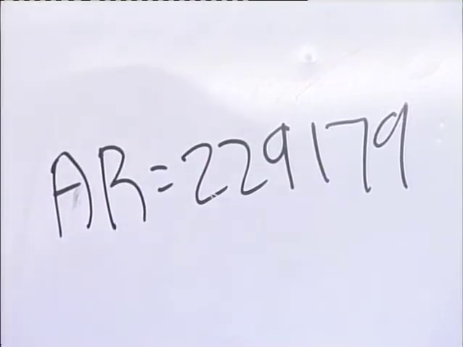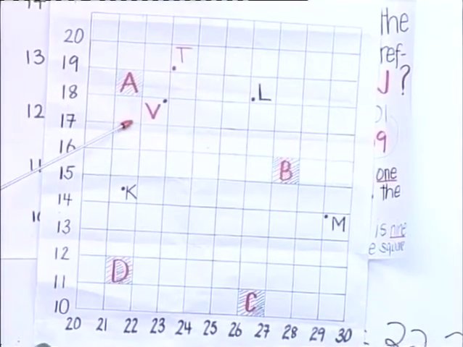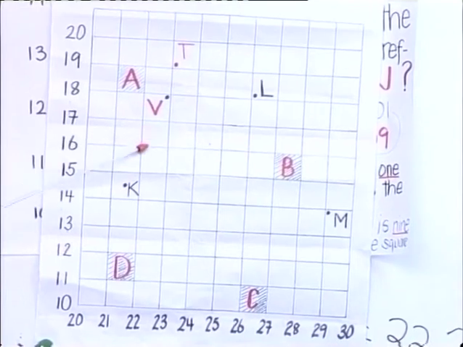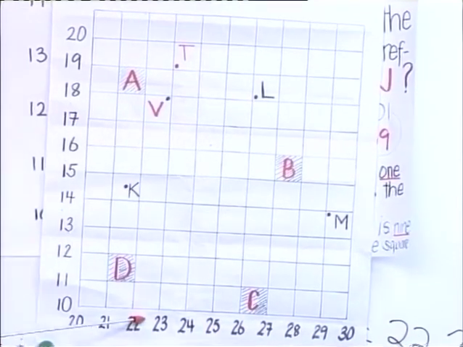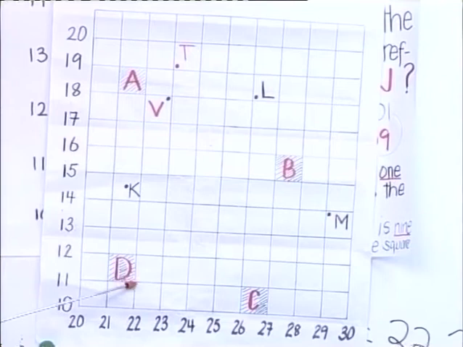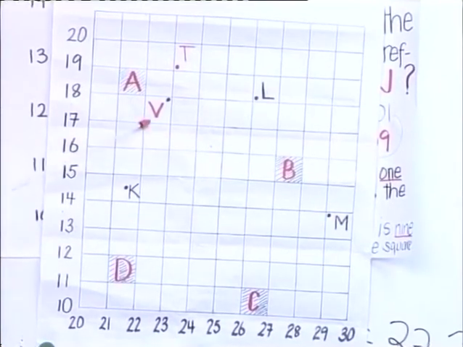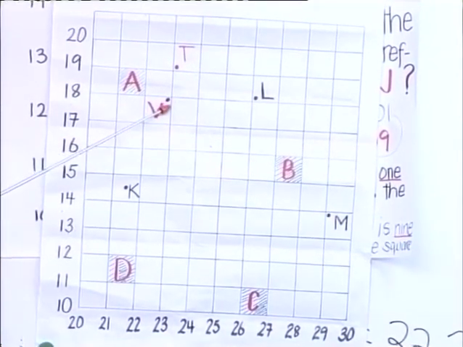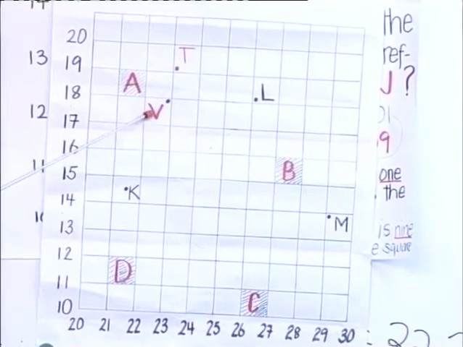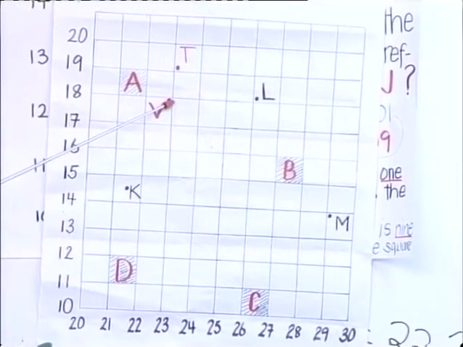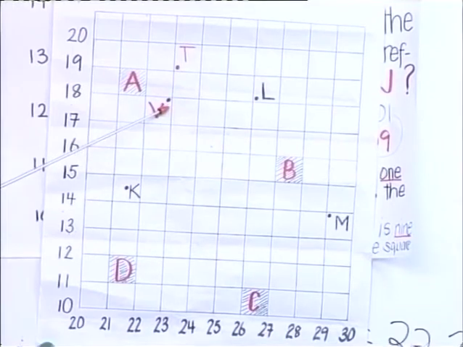All right, let's have a look. V, look at V. All right, easting first. 22, yes. Estimate how many tenths is it? It's 9, right? 9 tenths across the square. So 22, 9.